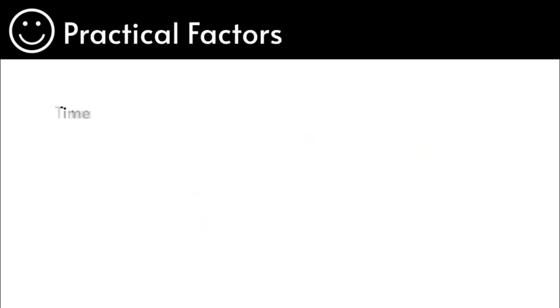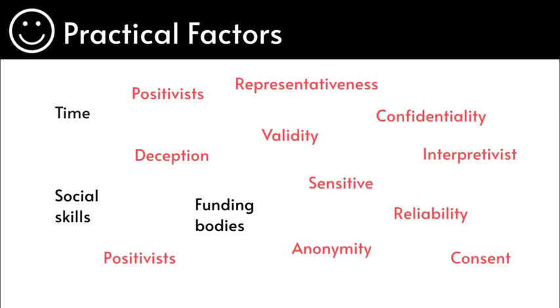From that grid, time, funding bodies, and social skills were all of the practical factors that are considered when doing research. If you didn't get it right, don't worry, we'll keep building on this. And if you go back to this video after all the videos finish of this topic, then I bet you'll be able to actually do this within seconds.